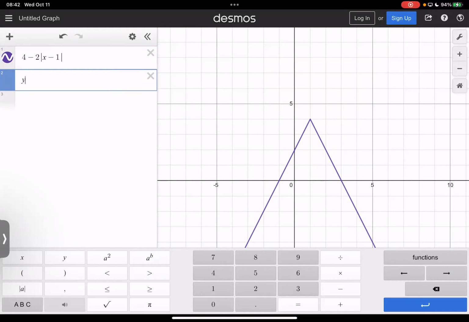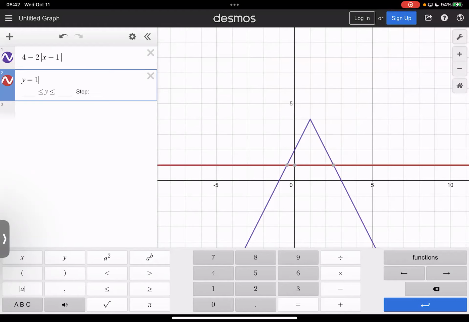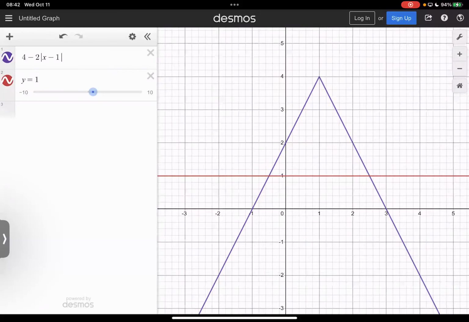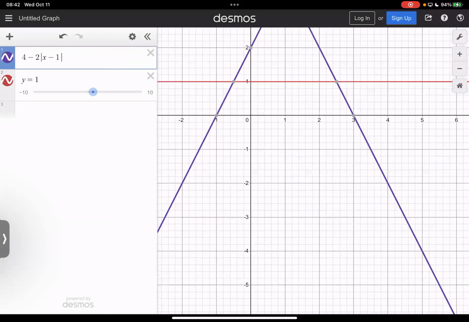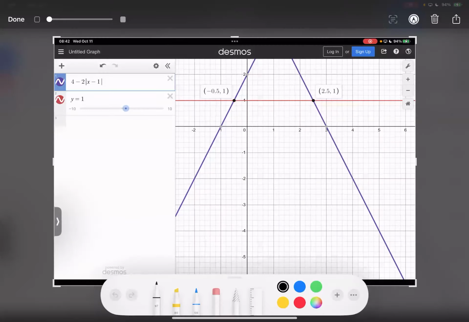Oops, y equals 1. We did it. We get an output of 1 if x is negative 0.5 or positive 2.5.